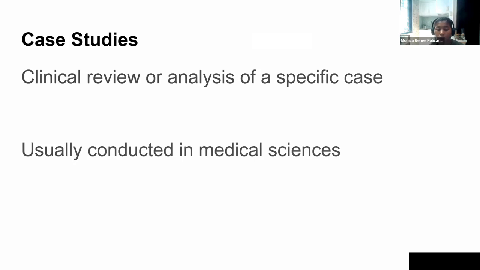So for a case study, usually again it is conducted in the medical sciences, because it is possible that some medical ailment may not be consistently found anywhere, and that consulting with other scholars by putting your case study out there can already be a good catalyst for collaboration from one hospital to another if they were oriented, for instance, that such collaboration is possible.